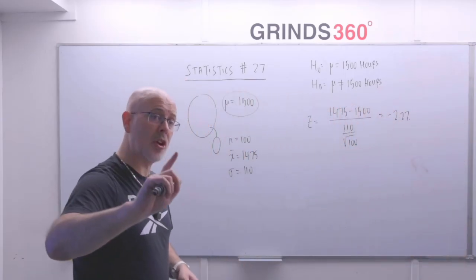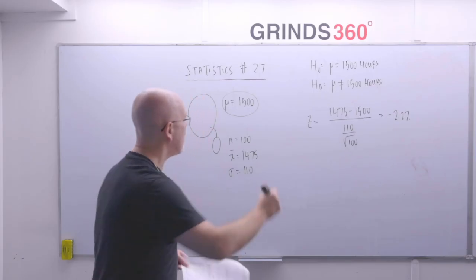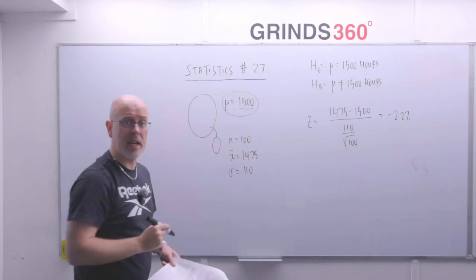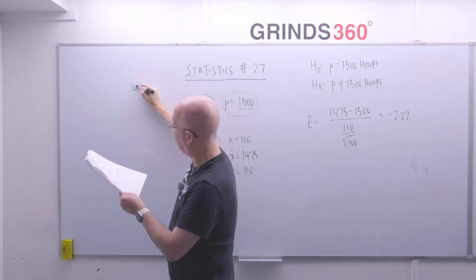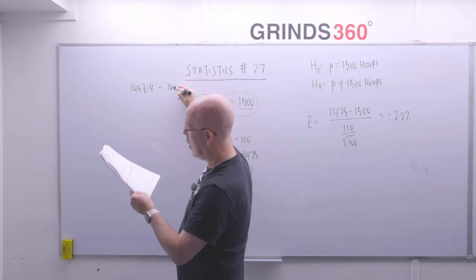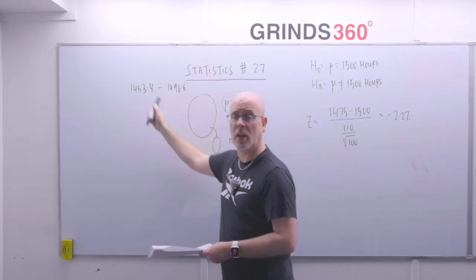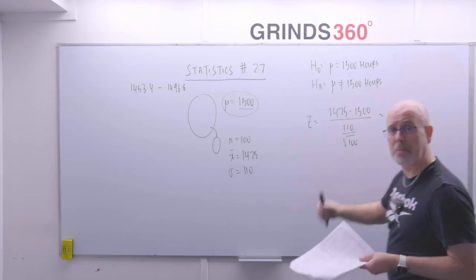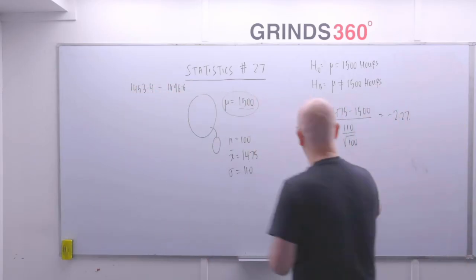So I'm now absolutely certain if I did find my 95% confidence interval, that number is not inside it. And actually, if you find the confidence interval, it comes out as 1453.4 to 1496.6. So yeah, that number is not inside the interval, which is why this number here is not between plus and minus 1.96.